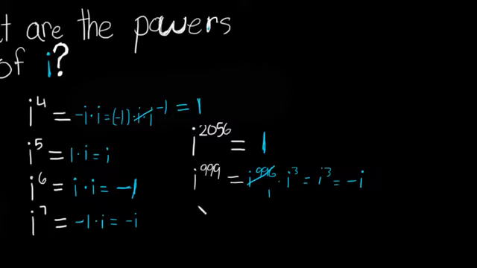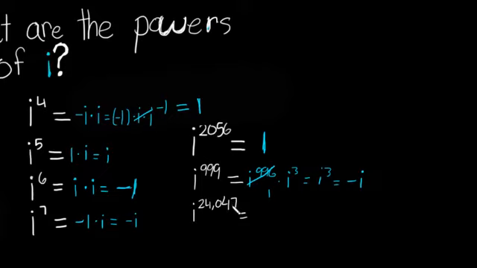Okay, in that case, could we find i to a really big power? Yes, you could actually. So if we had i to the power of 24,047, what would this be equivalent to? Let's use the same strategy we just did. Since these last two digits are not divisible by 4, let's see a number below this that's divisible by 4.